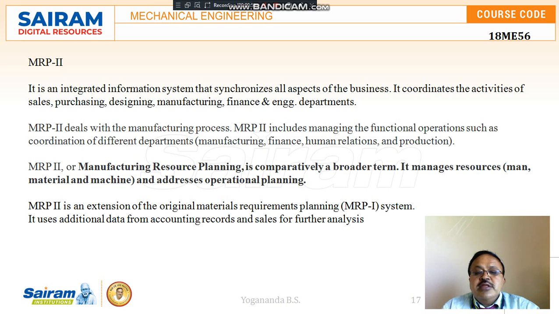In a broader sense, we can say that MRP2 is managing the resources like man, material and machine and addresses the operational planning. It is the extension of the original MRP1 system, and it will take additional data from accounts and sales for further analysis.